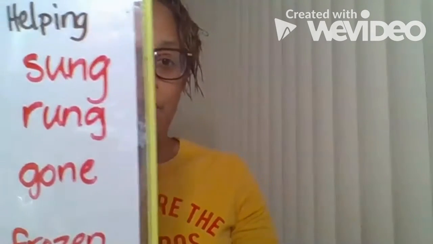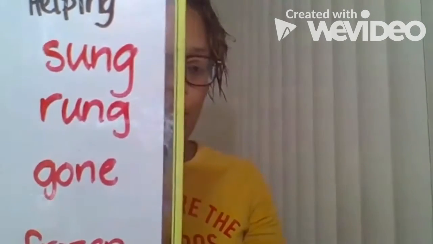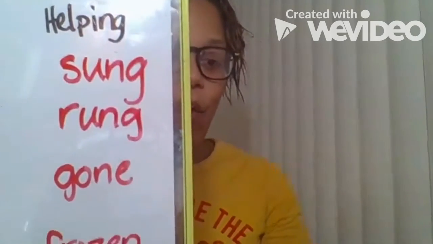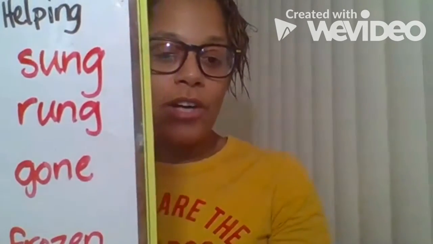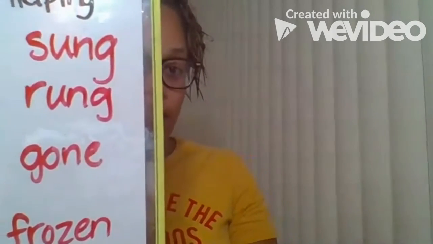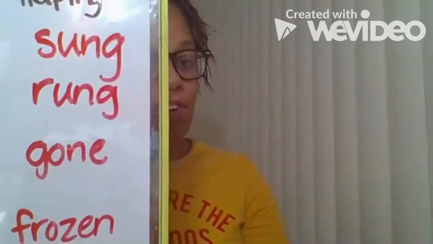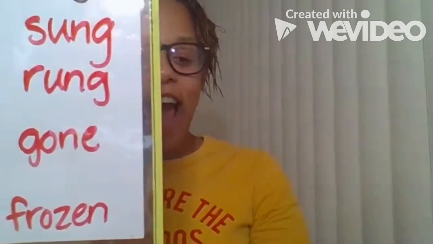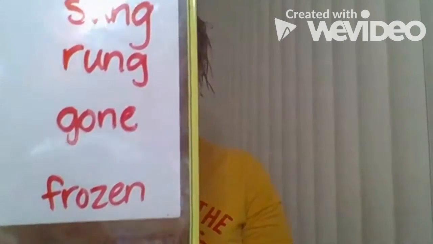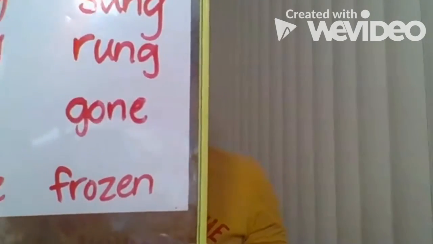Have is the helping verb that makes rung show its action. What about you have gone to school all week long? Have is showing the action of gone in the sentence. And lastly, water has frozen on the pond. Has is helping frozen show its action.